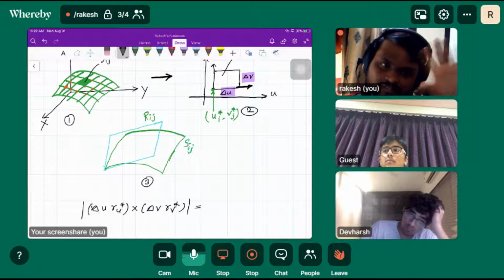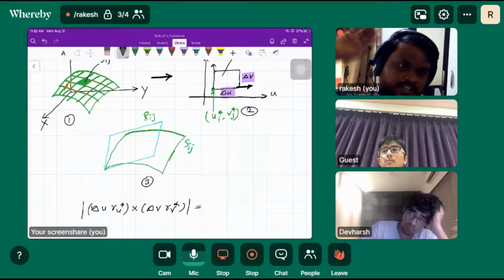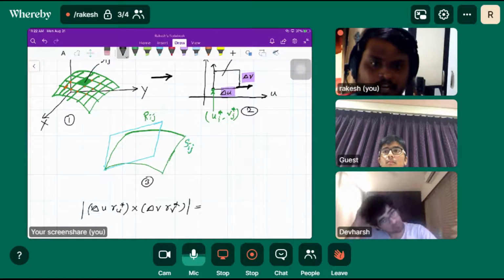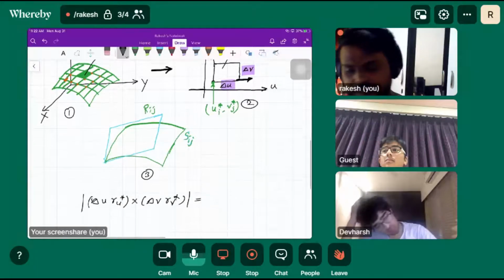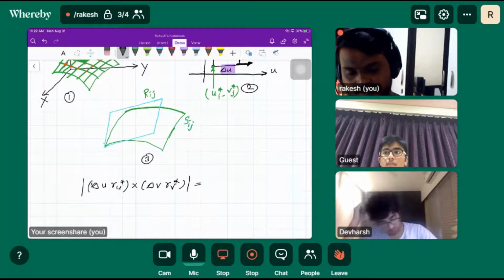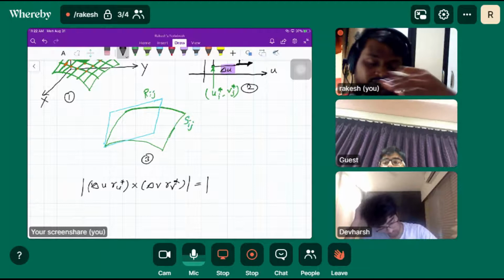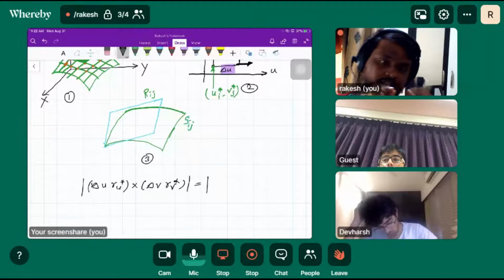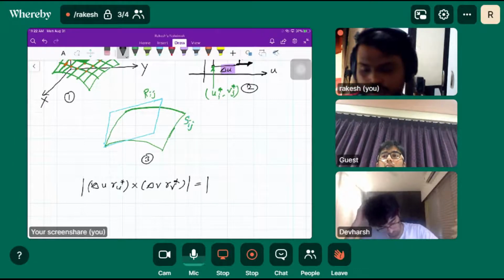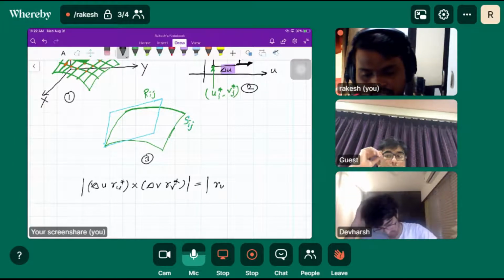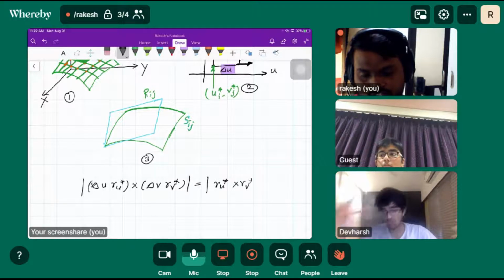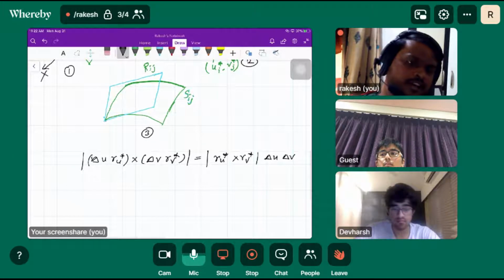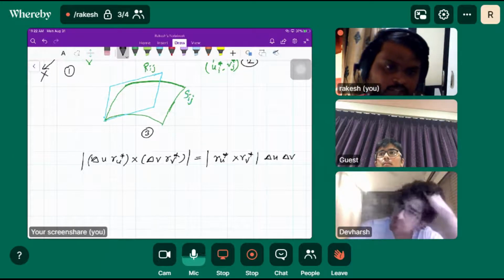Do you remember that stuff? I'm just trying to relate the stuff that you have already studied long before. So del u ru star cross del v rv star is the area of the given patch, that's a really small area from the given surface, and that is equal to magnitude of ru star cross rv star del u del v. ru and rv are vectors, so we are finding the cross product of that here.